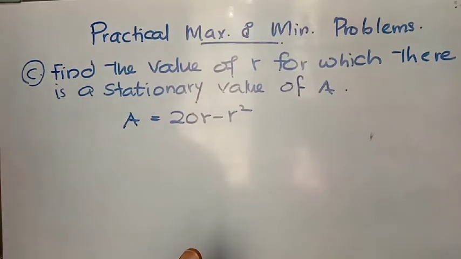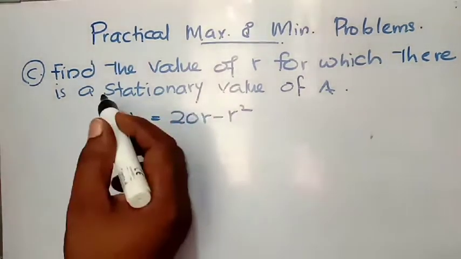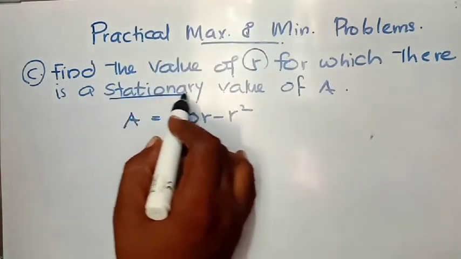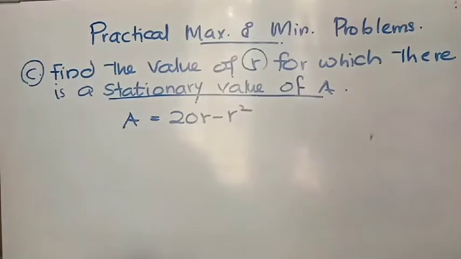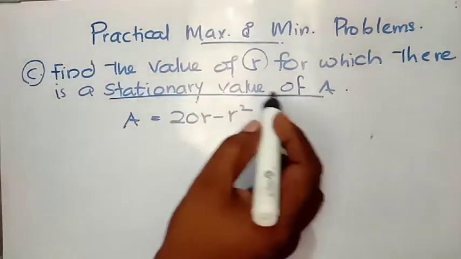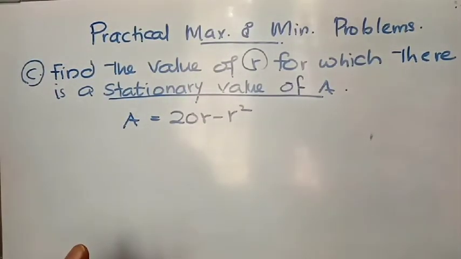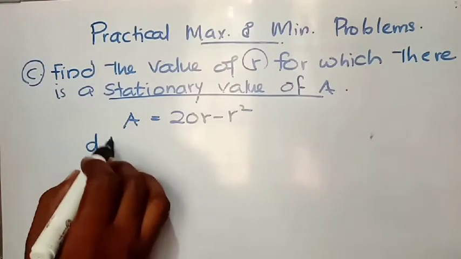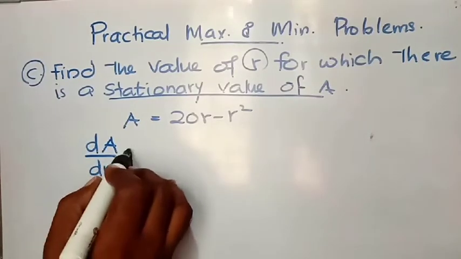But question C is from the part of differentiation. So here we have to find the value of r at which there is a stationary value of A. So we have to make use of stationary value. As there is a stationary point for A, we get dA by dr is equal to 0.